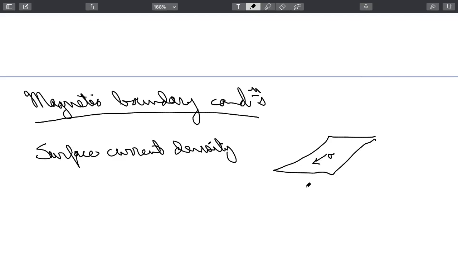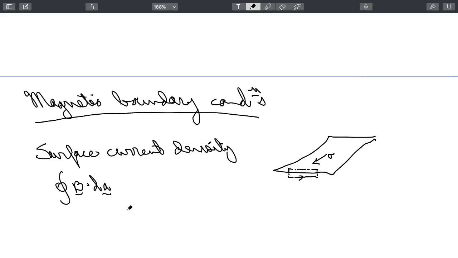Then what I can do is integrate B dot dA on a certain surface, which looks like a little thing straddling the surface. I'm defining a little surface that intersects this thing, and I'm going to integrate around this loop, representing the boundary of this surface.